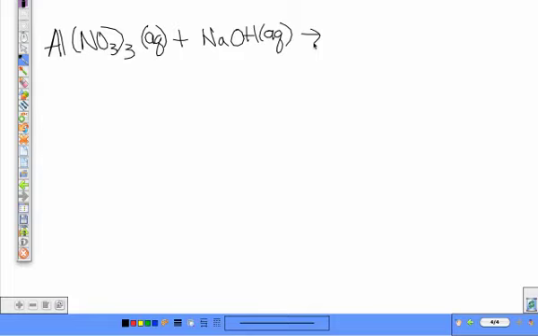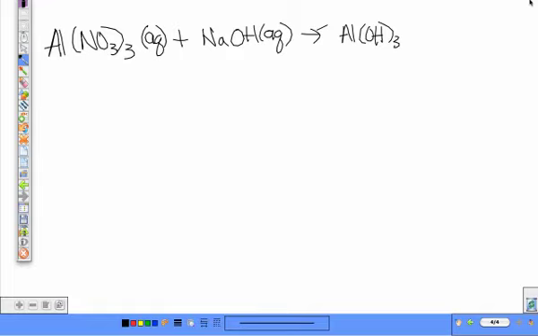So the possible products, if we flip-flop everything, are aluminum hydroxide. Hydroxides are insoluble except alkali metals, ammonium, calcium, strontium, and barium.